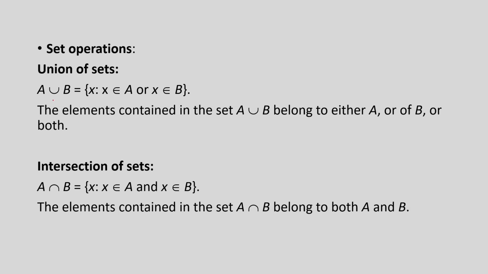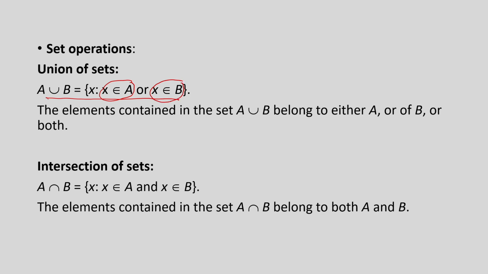I have written that on the right hand side. So, A union B is a set, and the property of any element of that set is that if you pick up any element of that set, then that element belongs to A or it belongs to B.